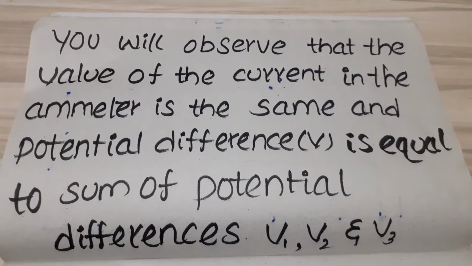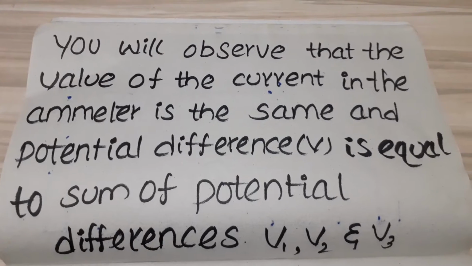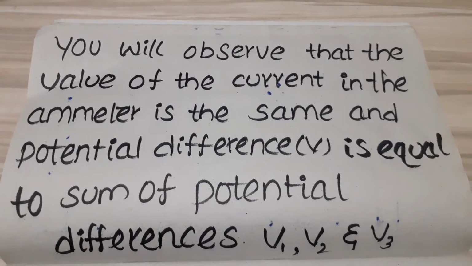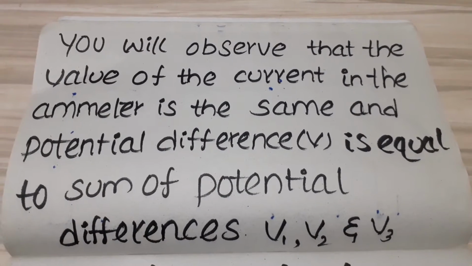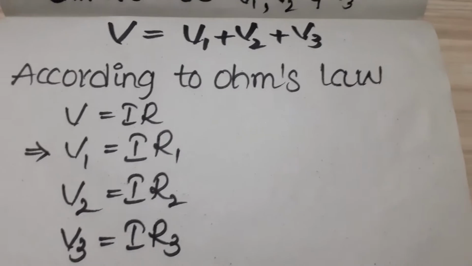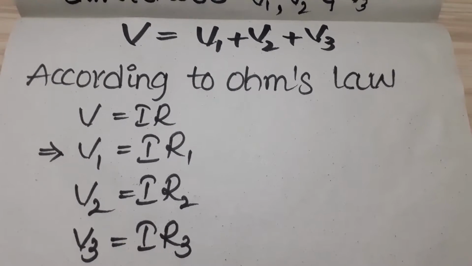You will observe from the diagram that the value of current in the ammeter is the same, and the potential difference V is equal to the sum of the potential differences V1, V2 and V3. So V equals V1 plus V2 plus V3.